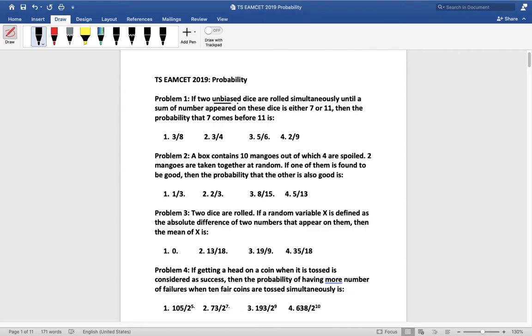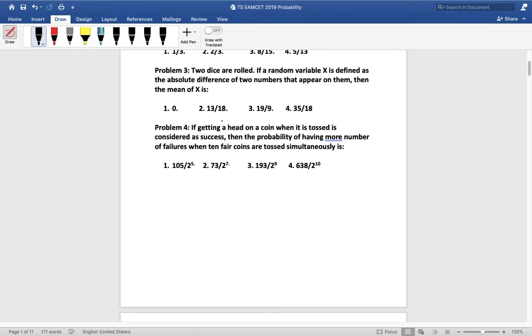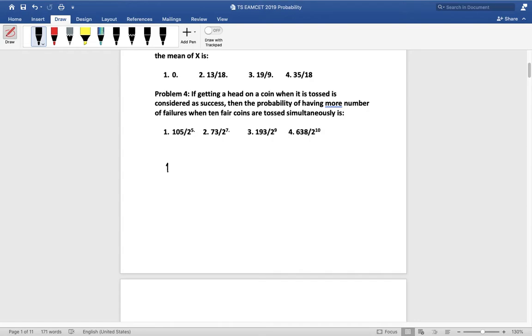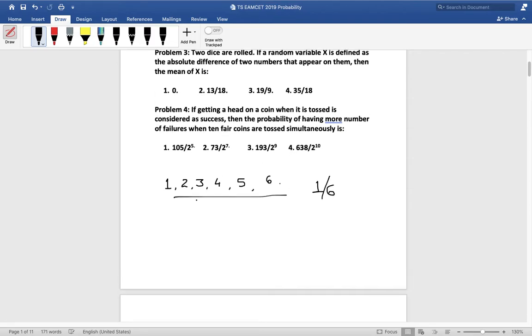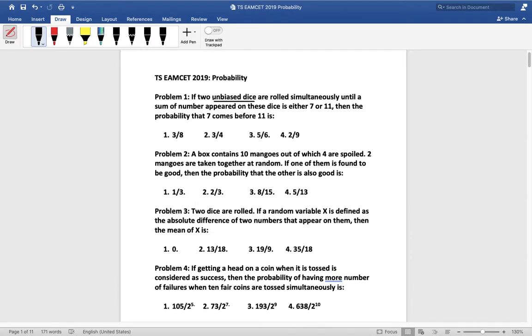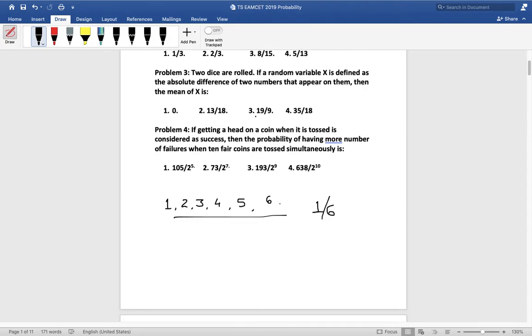And these are unbiased dice. Unbiased dice are those where you can get the face value of 1 or 2 or 3 or 4 or 5 or 6, and the probability of each of these is 1 by 6. This is called an unbiased dice, and we have two of them and we are rolling them simultaneously.